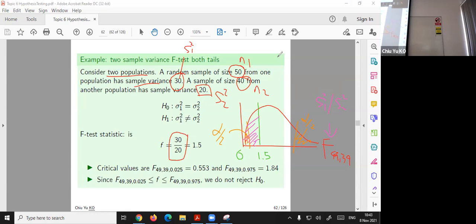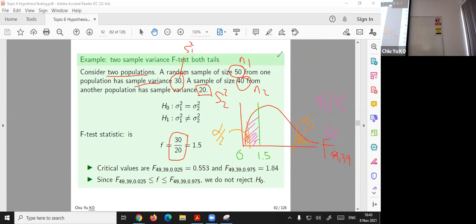So what you do is look at whether the area to the left is more than 0.5 or less than 0.5. If less than 0.5, you're done: multiply by 2 and you get the p-value. If it is more than 0.5, you should actually be on the right-hand side, so subtract it, look at the tail, and times 2. Is that clear? Just a very simple idea. Regardless, you should be very careful.